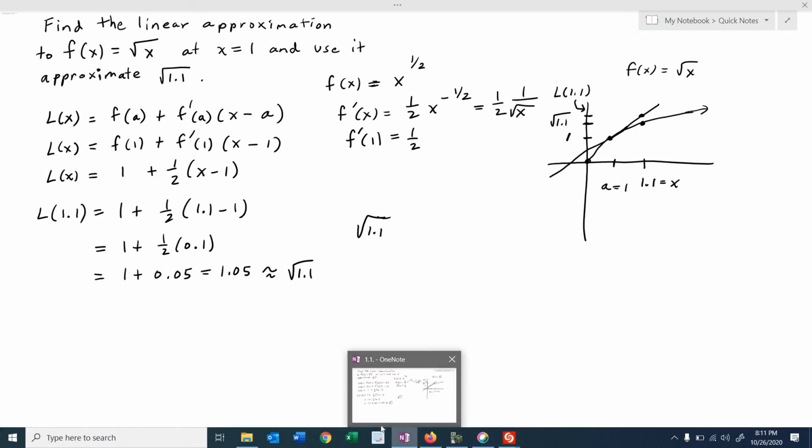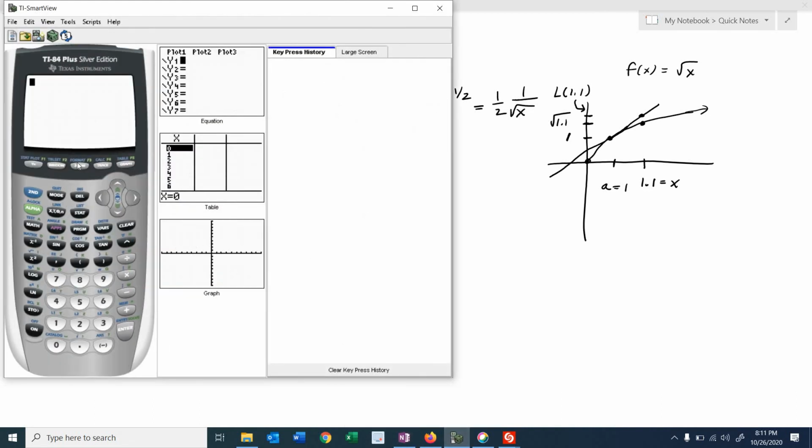So let's actually see what the square root of 1.1 is and see how good our approximation is. The square root of 1.1 is 1.0488088848. So that's pretty close. Our approximation is 1.05.